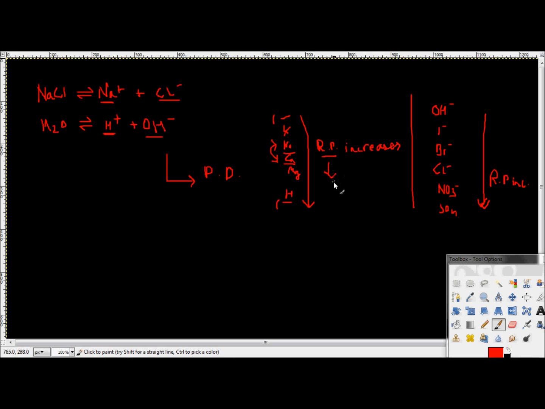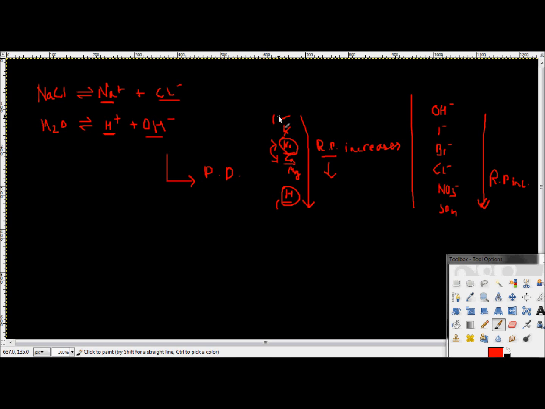So the one that will have a higher reduction potential will have a higher tendency to gain that one electron. It'll fight harder. And reduction potential increases as you go down. So obviously the one that is at the bottom, which is H, will want an electron more than Na.